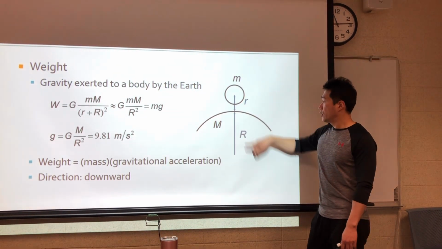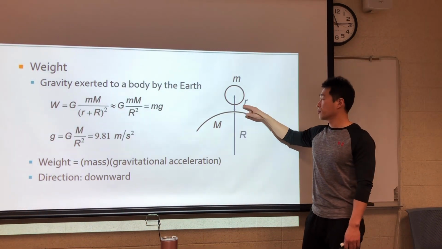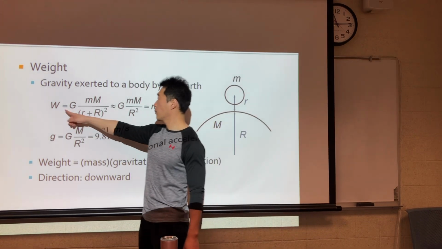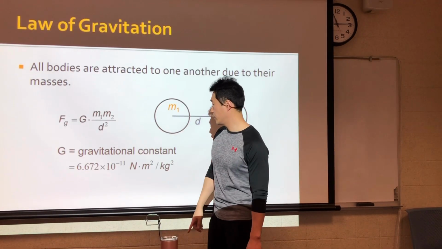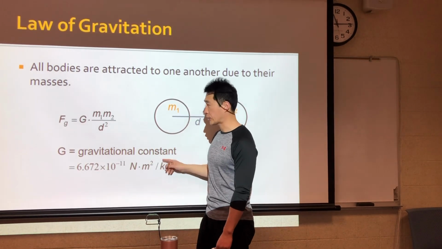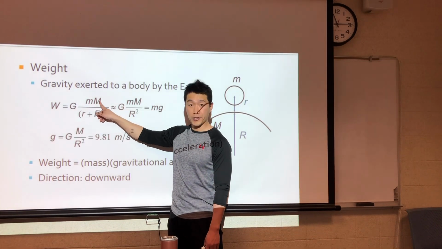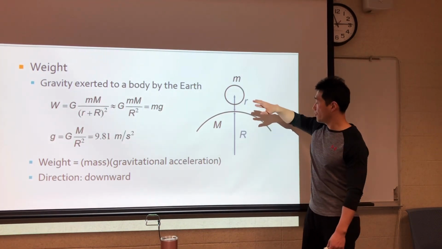This one must be a lot longer than this one, right? Almost negligible. So weight W means the attracting force: G, the gravitational constant, times your body mass, times the mass of the earth, over the separation distance.